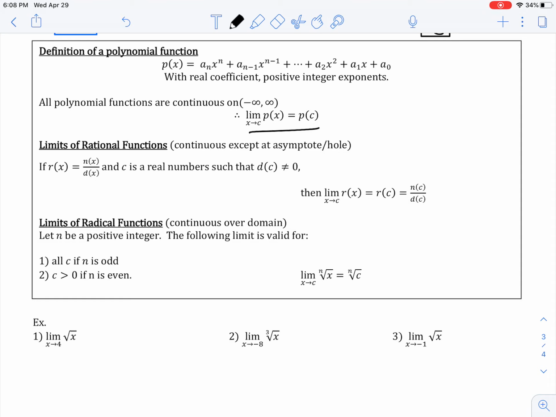Well, what about rational functions? Clearly, rational functions are not always continuous. There are asymptotes, there are holes, there are breaks. But for any rational function, as long as our c value, where we're evaluating our limit, isn't what's causing our denominator to be equal to 0, then we can do direct substitution.